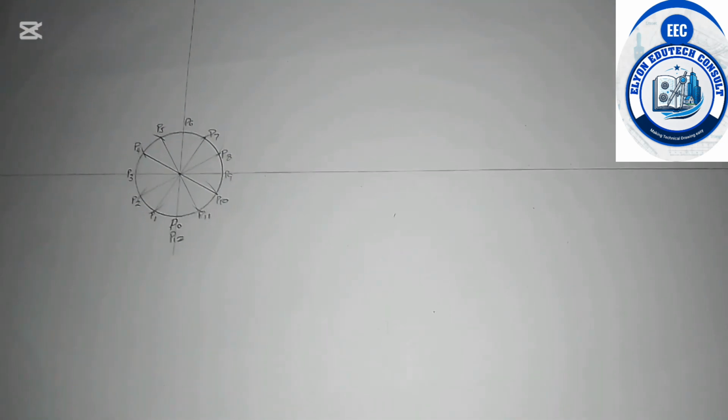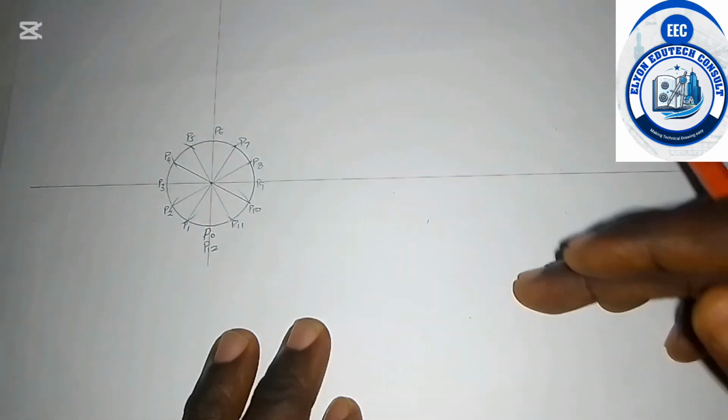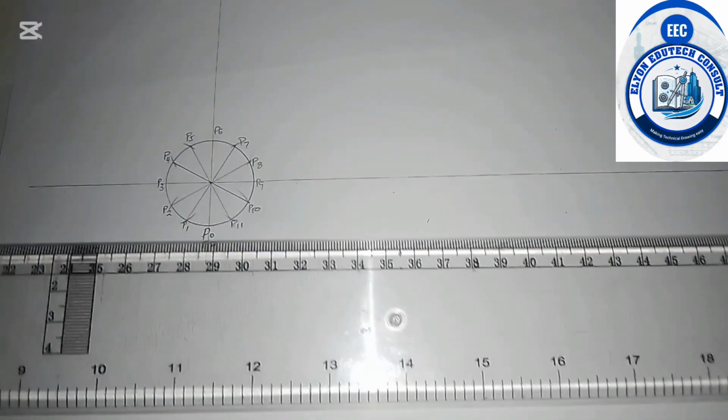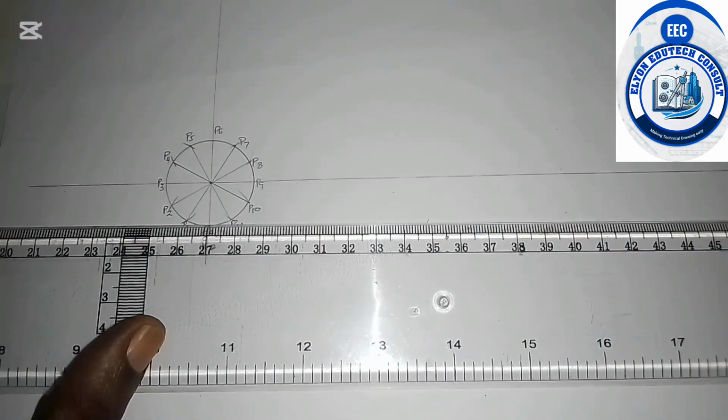All right, this is the disc which is going to be rolling on a horizontal plane. So let me draw the horizontal plane now from the base of the disc.